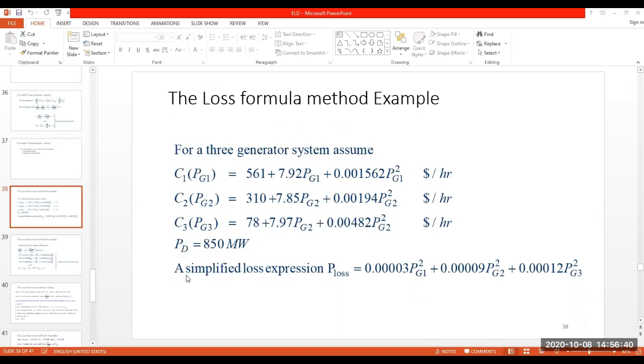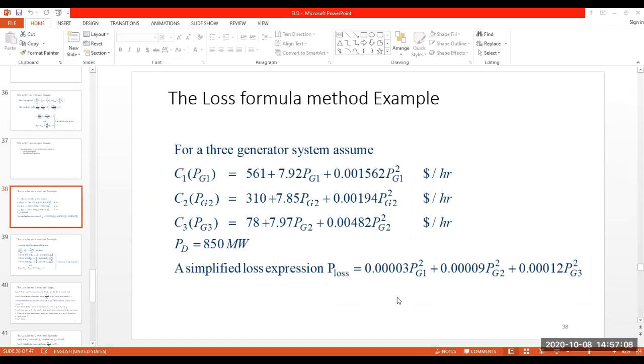Now you see a simplified transmission loss formula is presented here, which is basically a function of all the powers, which is quite logical, right? Because every power contributes some portion of the total losses. There is some contribution from generation 1, generation 2, and generation 3.